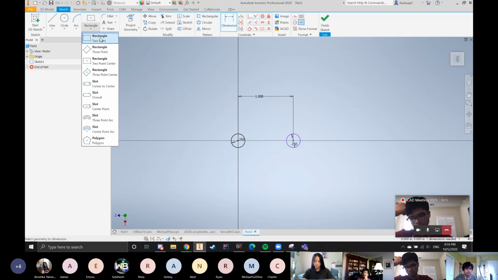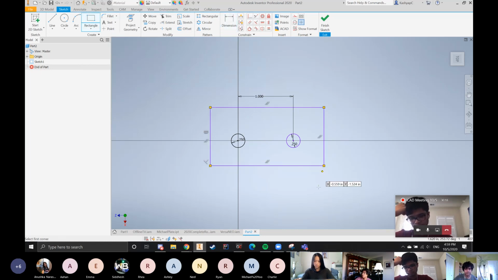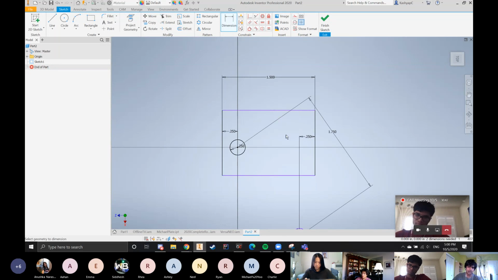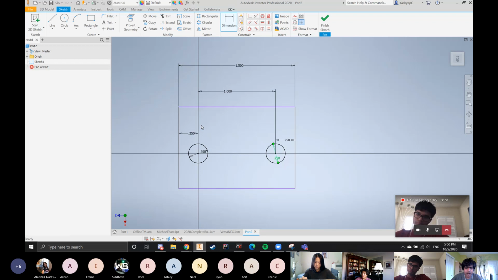But then if I put another thing on it, I make this 1.5, but then I want to end up changing this. I don't think it'll work unless I'm, sorry, I need to.